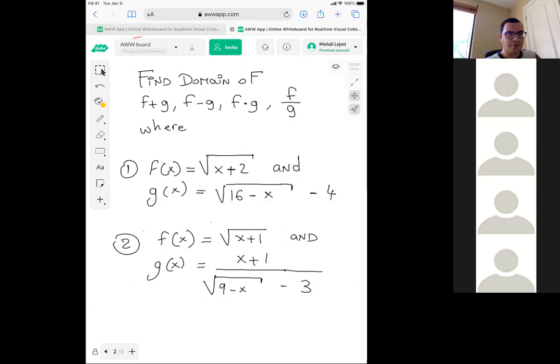So any guess for number 2? Yes, Samira. Yes, absolutely. That's the correct answer for the common domain for number 2. Yes, that's very good. Absolutely, yes.